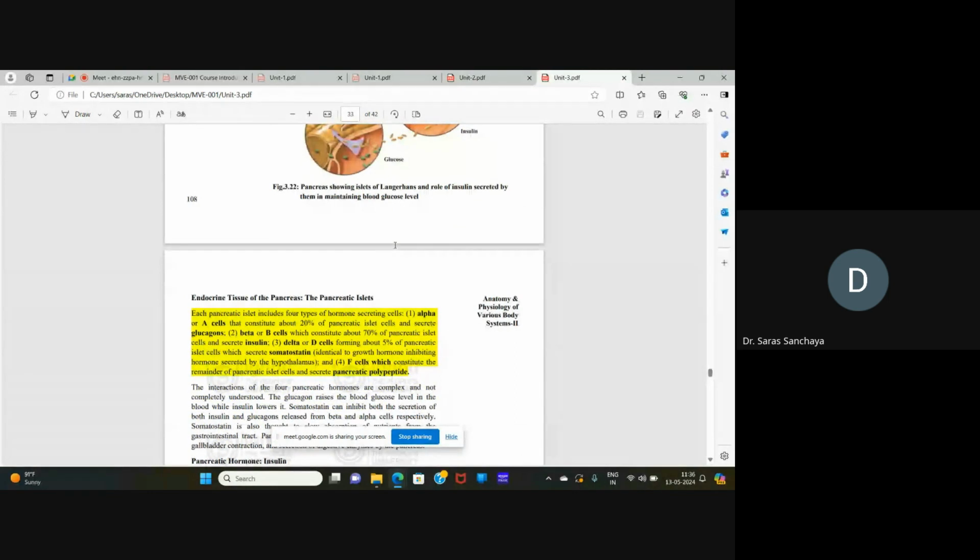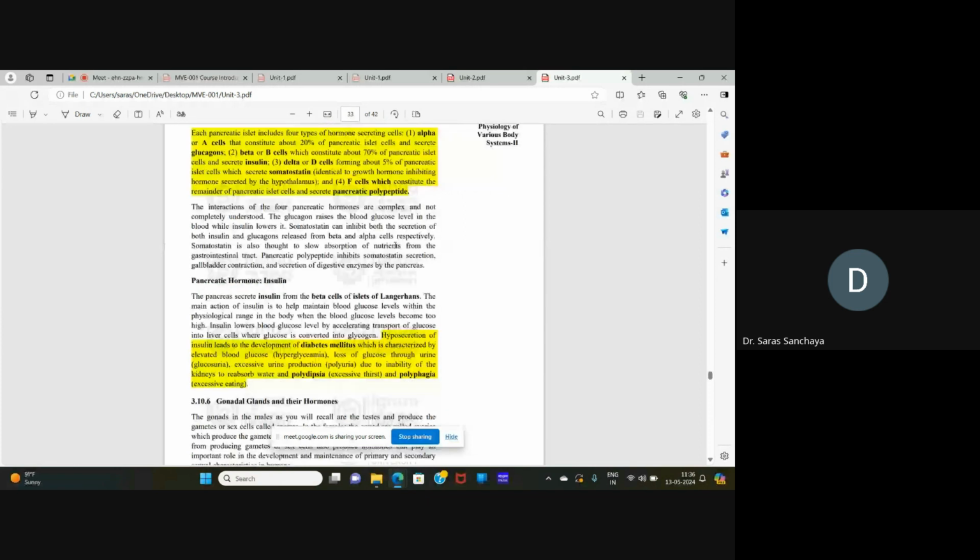Endocrine tissue of the pancreas includes four types of hormone secreting cells: alpha cells or A cells, that constitute about 20% of pancreatic islet cells and secrete glucagon; beta cells or B cells, which constitute 70% of pancreatic islets and secrete insulin in sugar metabolism; delta or D cells, forming about 5% of pancreatic islets, which secrete somatostatin, identical to the growth hormone inhibiting hormone secreted by the hypothalamus; and F cells, which constitute the remainder of pancreatic islet cells and secrete pancreatic polypeptide.